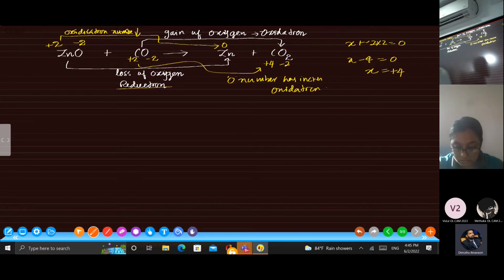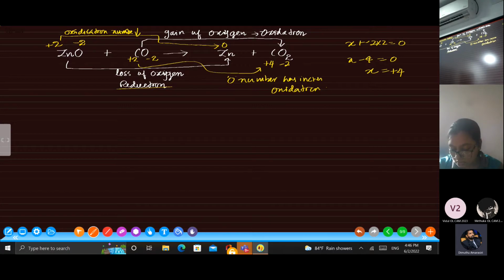Write it somewhere on this page, or write it on a different page and paste it over there. In carbon monoxide and carbon dioxide, what about the oxygen? Nothing has happened to oxygen.